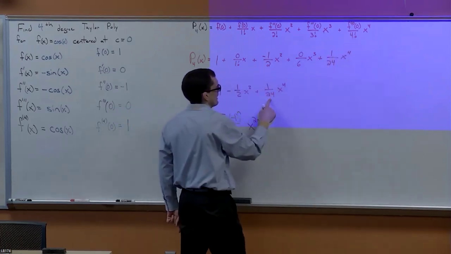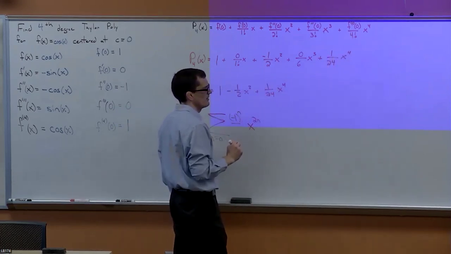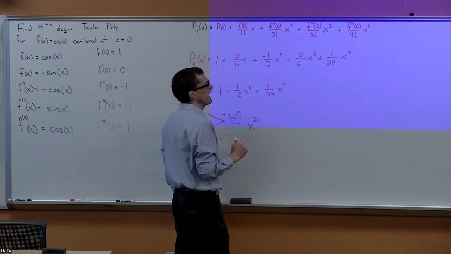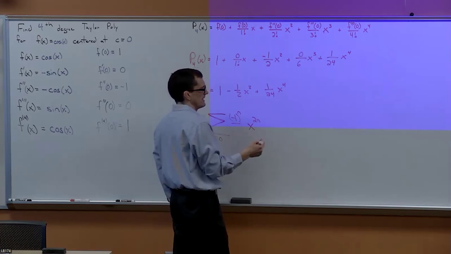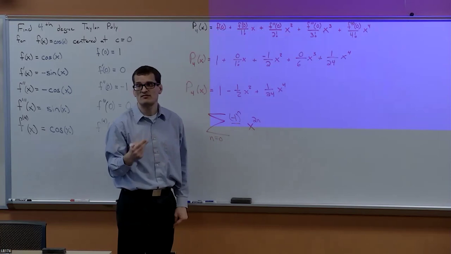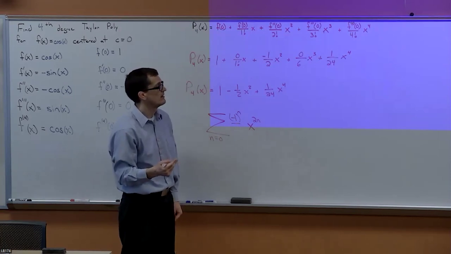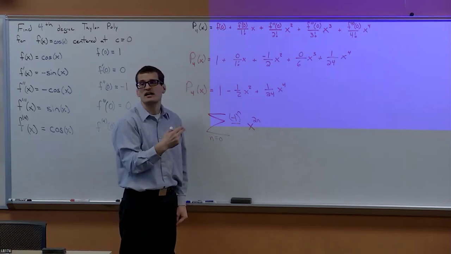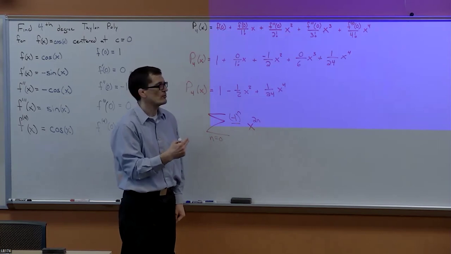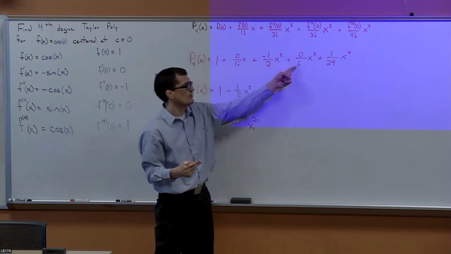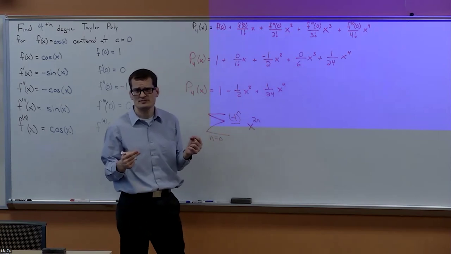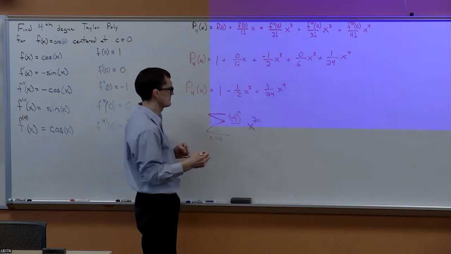This denominator came from 4 factorial. You can imagine the next denominator is going to come from 6 factorial. And the next denominator comes from 8 factorial, because every other one is 0. Does that make sense? Hopefully that makes sense.